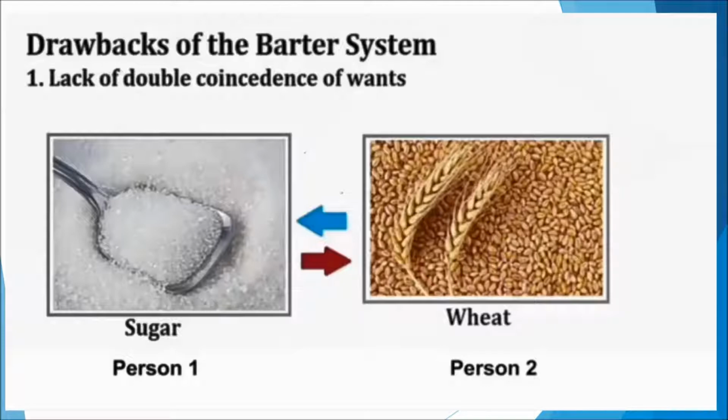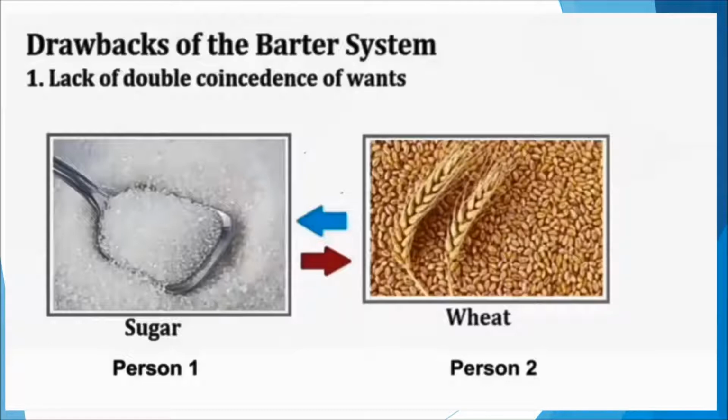The first drawback is lack of double coincidence of wants. That means if person 1 has sugar and person 2 has wheat, but the need of person 1 is rice, so person 1 wants rice in exchange for sugar, but person 2 has wheat.